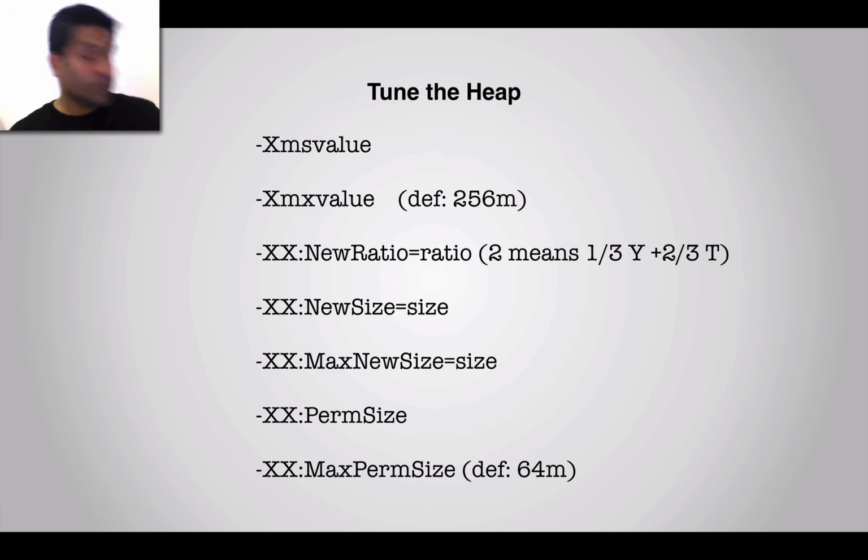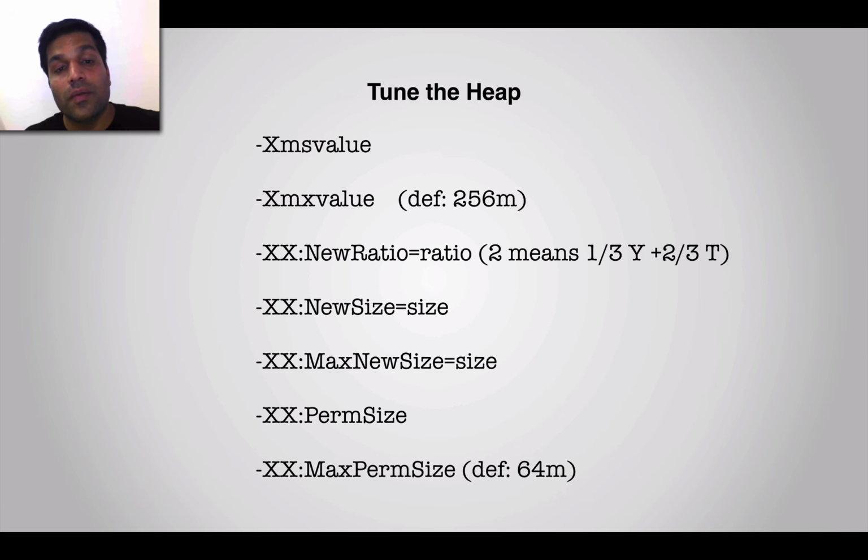Suppose your young generation is very small, there will be a lot of minor GC collections, but it's okay if your application is not holding on to a lot of objects. If objects are created and kind of discarded, it's okay to have a very small eden space.